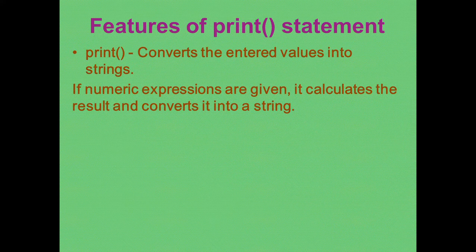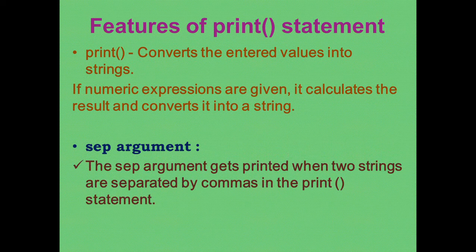We shall see some of the features of the print statement. Whatever is given in the print statement will be converted into strings. Even if numeric expressions are given, it evaluates that expression and the result will be converted into a string. And there are two arguments that you can use with the print statement. The sep argument, meaning separator. When two strings are separated by commas in the print statement, it will print that separator argument.